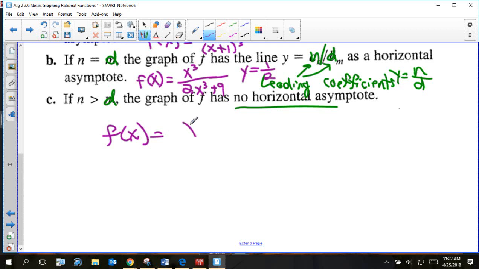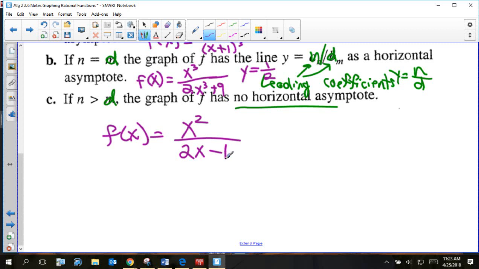And I need a more creative denominator, and it has to have a degree less than 2. Perfect. So this has a higher degree on the top than on the bottom. This would have no horizontal asymptote.